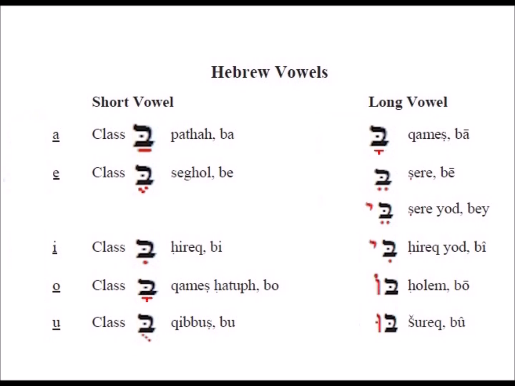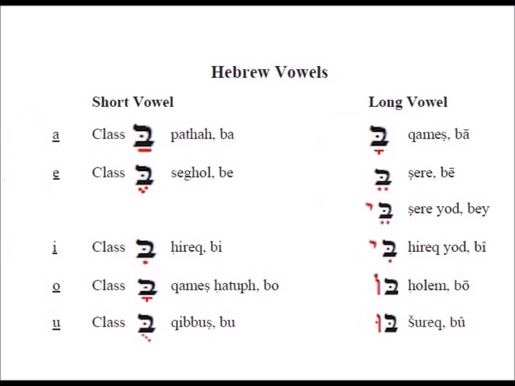And then a Tsere Yod is like a diphthong, two dots, and then followed by Yod. The I vowel, Hirik, you have a dot underneath the Beit, and then a Hirik Yod is a dot and a Yod. That's the long I vowel. Your O vowel is Kamets Chatuf.